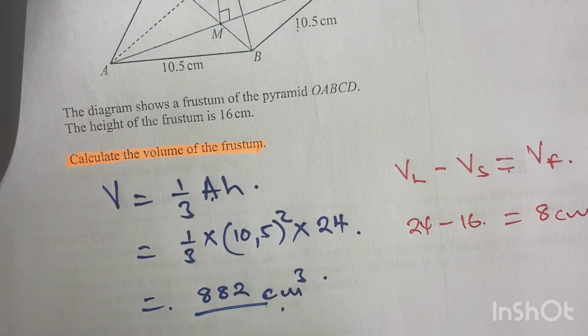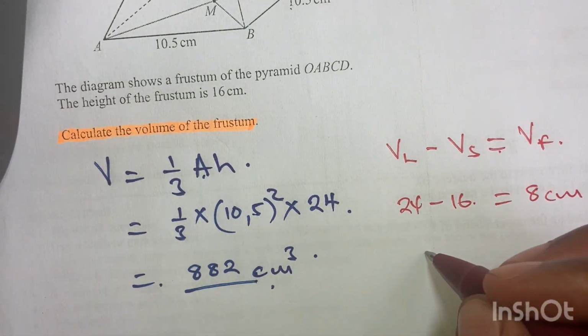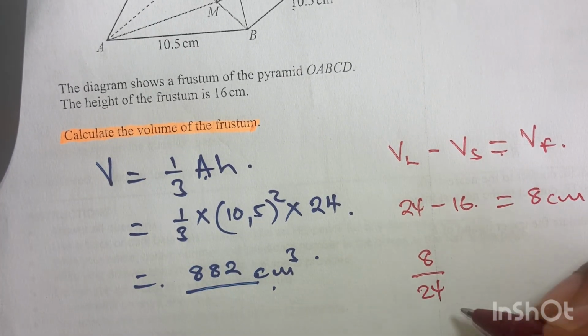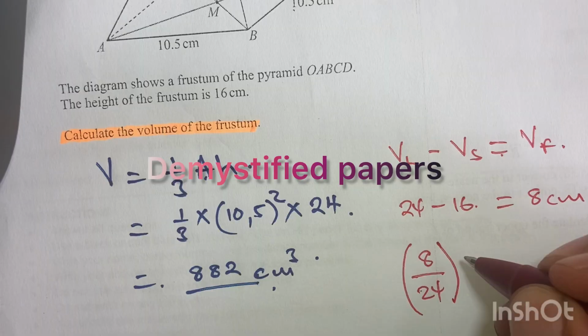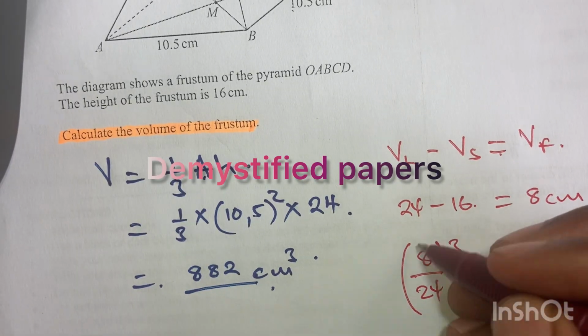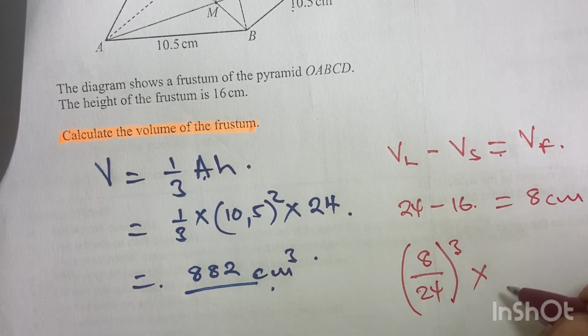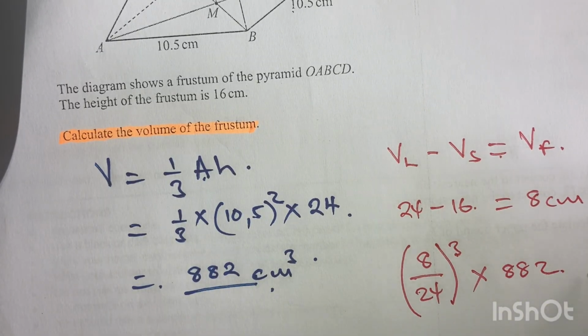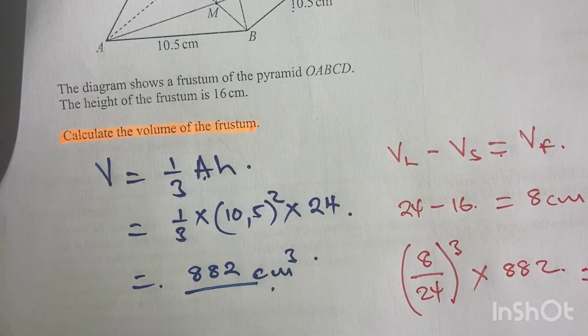For the volume factor, we say 8 over 24 cubed, the scale factor cubed, multiplied by 882. Then that will give us the volume of the smaller pyramid.